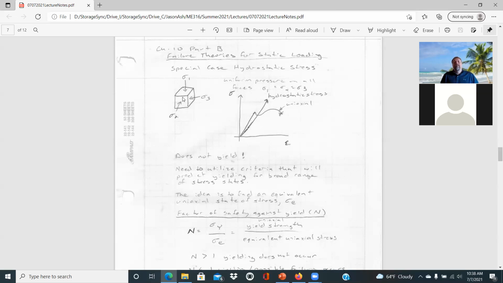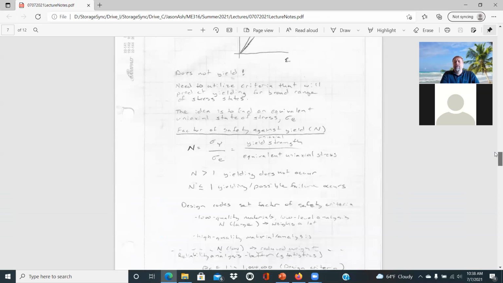But the idea then is really to find an equivalent uniaxial state of stress for your complex loading condition, for your 2 or 3D state of stress. What is that equivalent uniaxial stress? Because if we know what an equivalent uniaxial stress is, we can compare that to the uniaxial yield strength that we have data for.